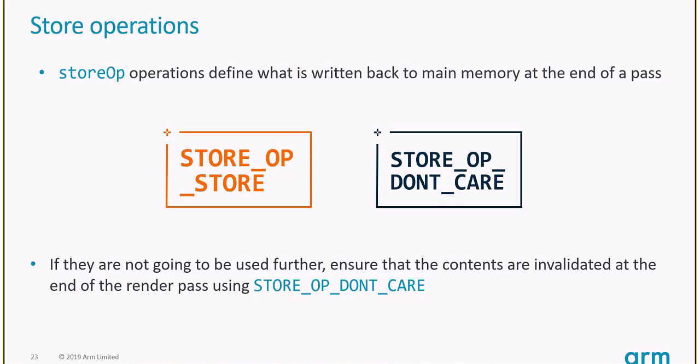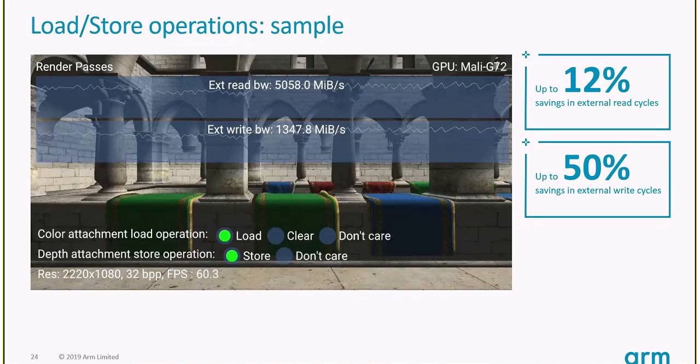If you do both of those things, and you don't read from it and you don't write from it, then the driver can avoid allocating that image at all, saving a potentially significant amount of system memory. So don't load if you don't need to load, don't store if you don't need to store, and if you don't need an actual allocation for the image, just go with lazily allocated and transient.